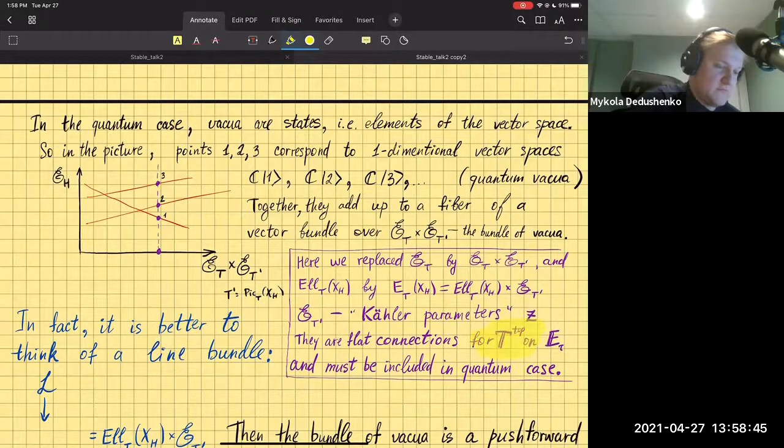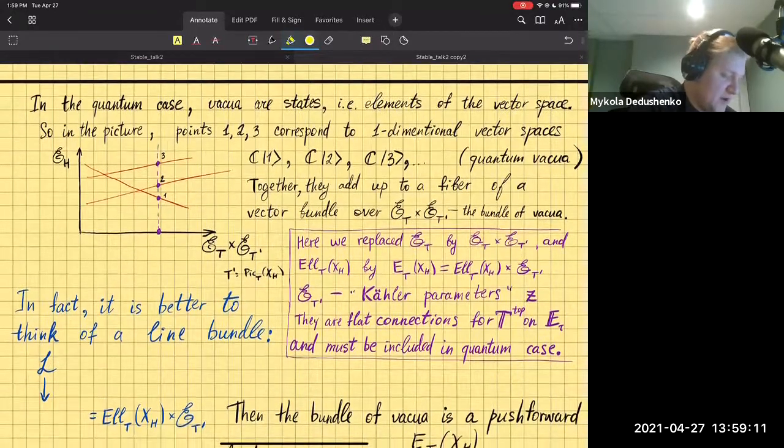So these non-perturbative effects introduce dependence on the Kähler parameters. And so here I said that there is a certain bundle of vacua. To each point, one associates a one-dimensional vector space, and then together they add up to this bundle.